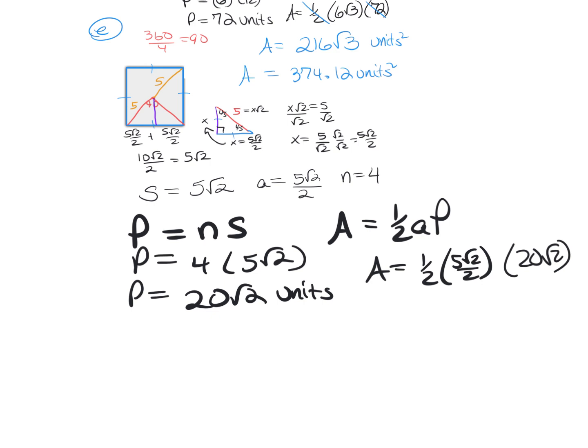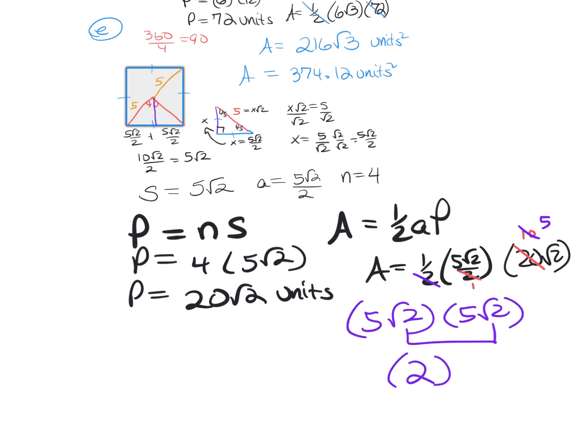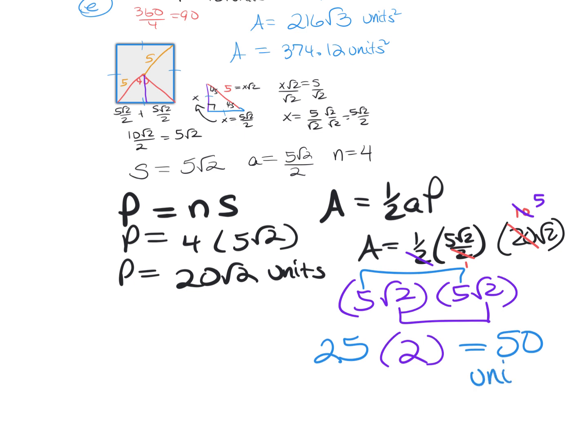I can simplify the 20 and the 2, make that a 10 and a 1. And then I could also go back and do this and make it a 5. And then remember, when you multiply, so now what I have is 5 square root 2 times 5 square root 2. Notice the pair of square root 2's come out. And then I do the 5 times 5. And the area is 50 units squared.